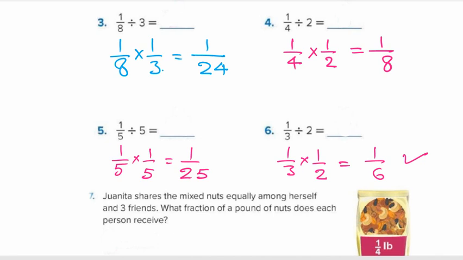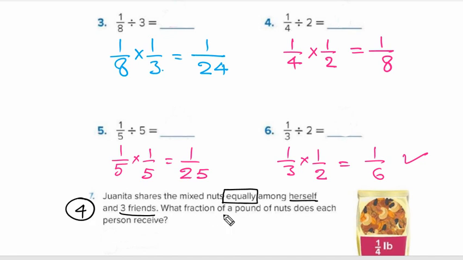Next question is question number 7. Question number 7 says Unita shares the mixed nuts equally. I've told you, right? This word is important. Equally among herself and 3 friends. So how many total? Herself and 3. 4 total.